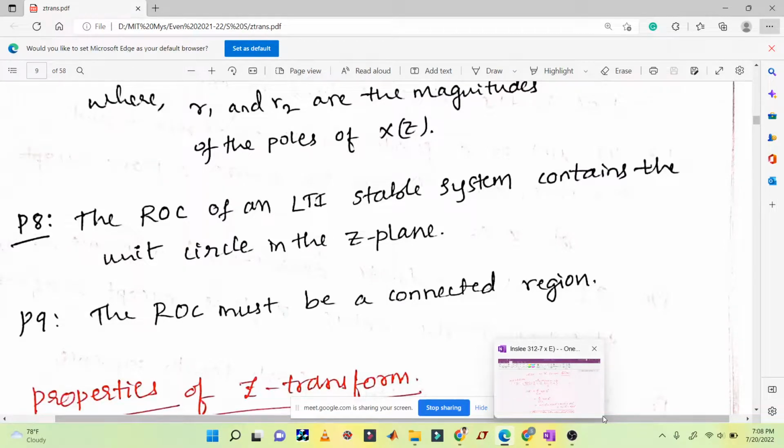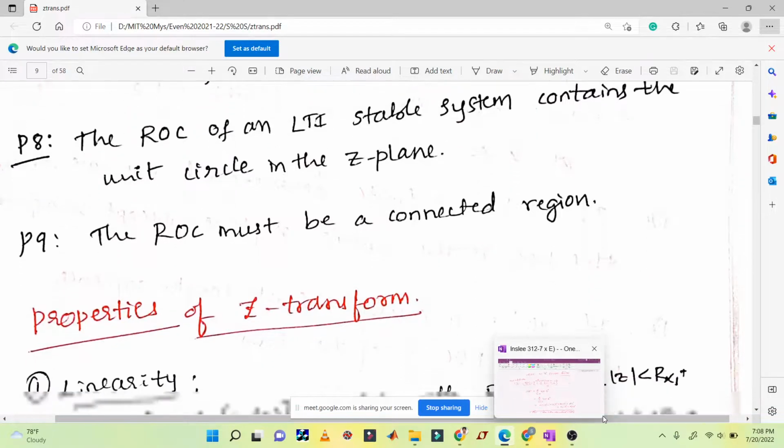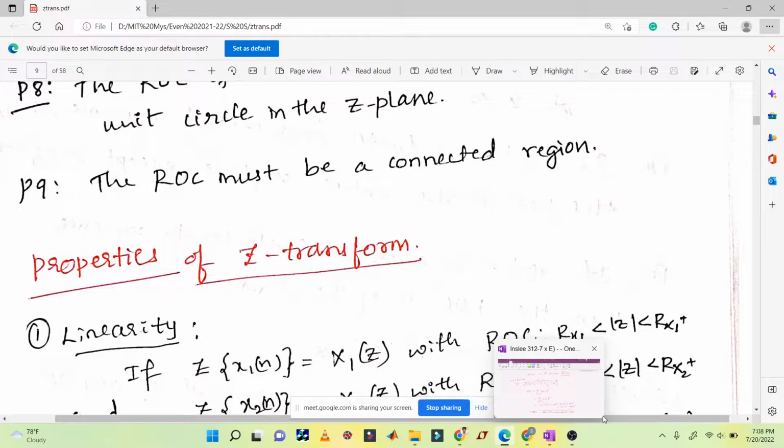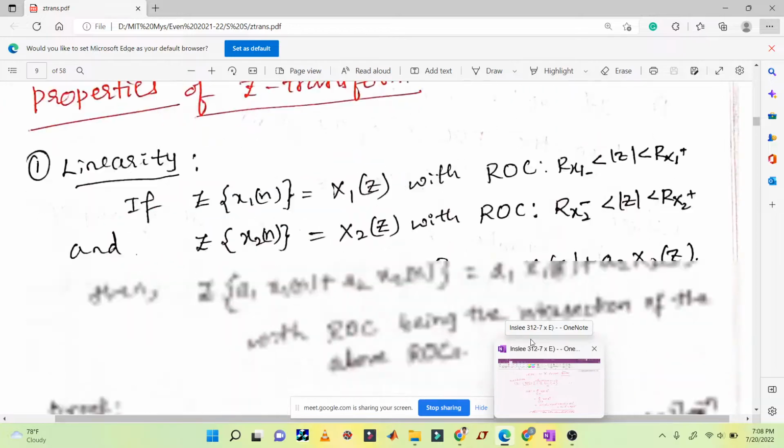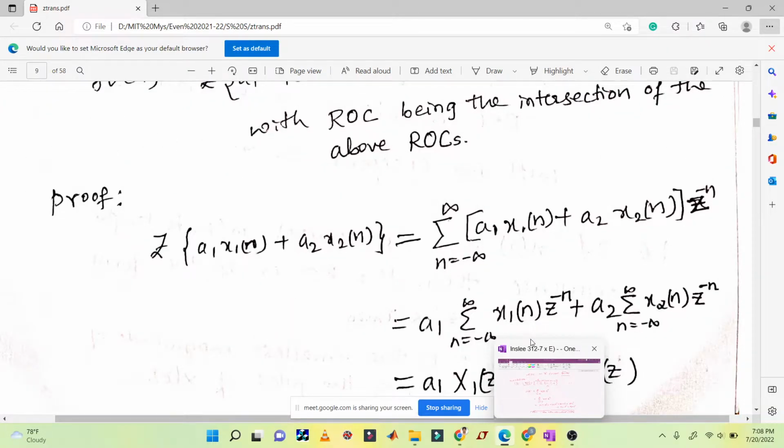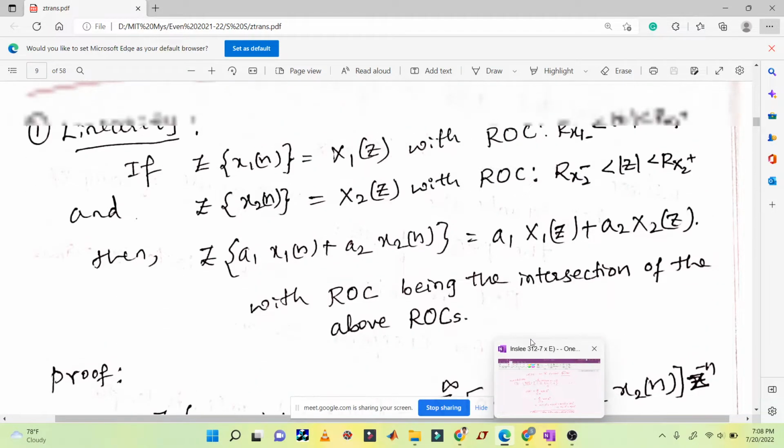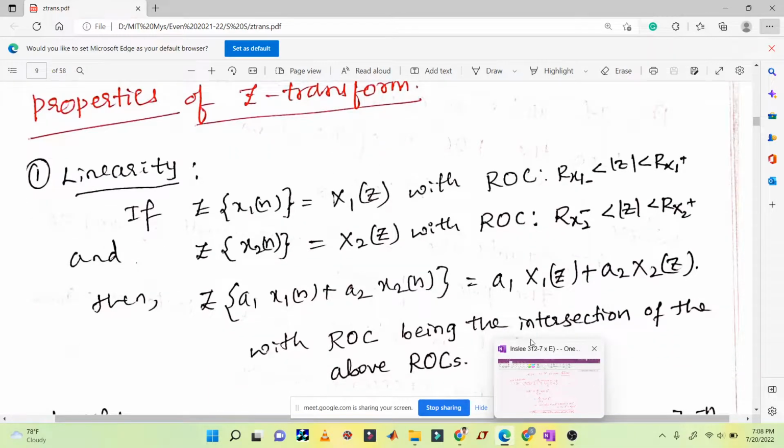And finally, we have the ninth property which says that ROC must be a connected region. So these are the properties. Any doubt regarding this? I hope there are no doubts regarding the properties, because already we have discussed the properties with examples also.